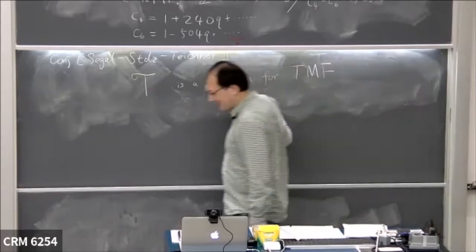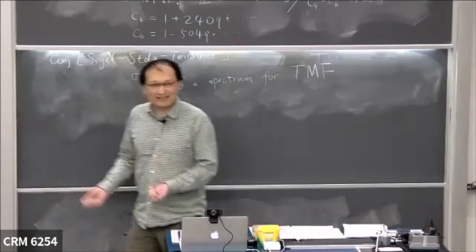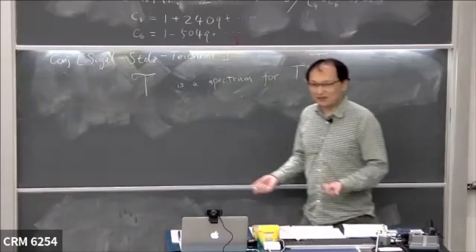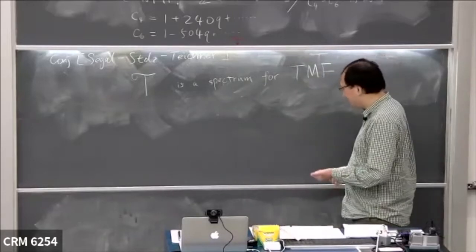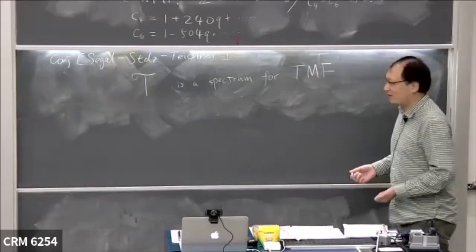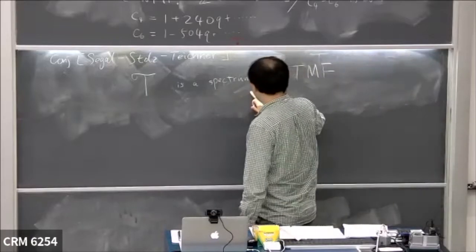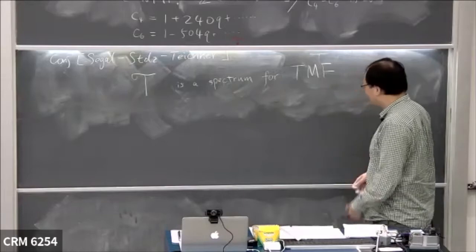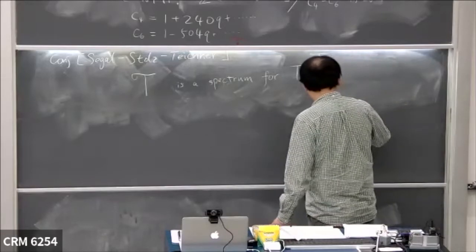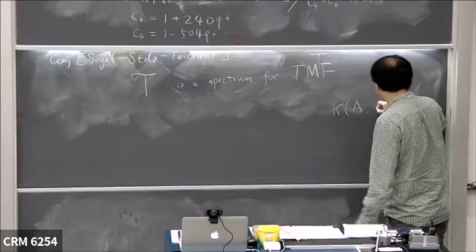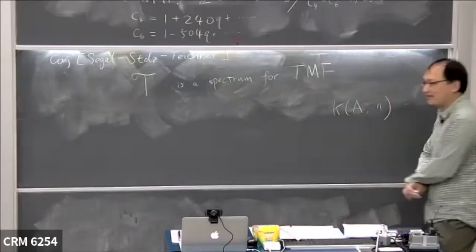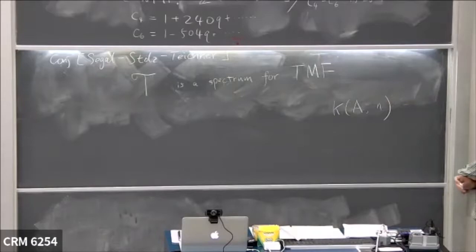So here, spectrum is not in the sense of quantum mechanics that we have encountered before. It's in the sense of algebraic topology, in the sense of Brown's representability theorem. So recall that there's this famous Eilenberg-MacLane spectrum given an abelian group A. Then there is a sequence of spaces.